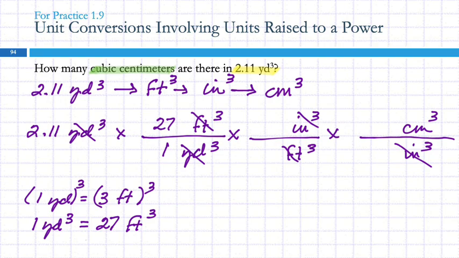And then I need to go from feet to inches. 1 foot equals 12 inches. But I need cubic feet and cubic inches. So I'm going to cube this side, and I'm going to cube that side. What's kind of confusing is that one of the sides is still 1, and the other side the number changes.